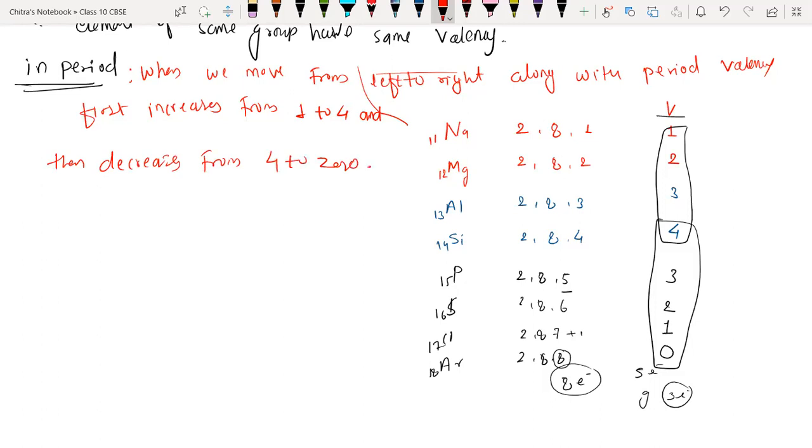Okay, so this is the trend for valency in periods.